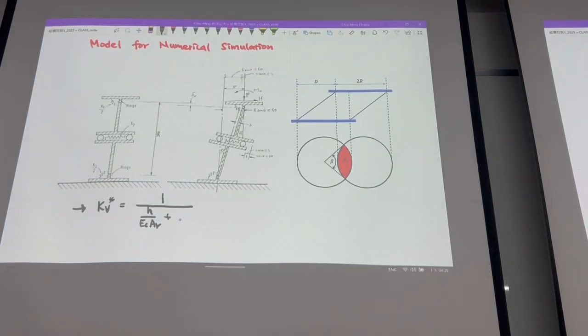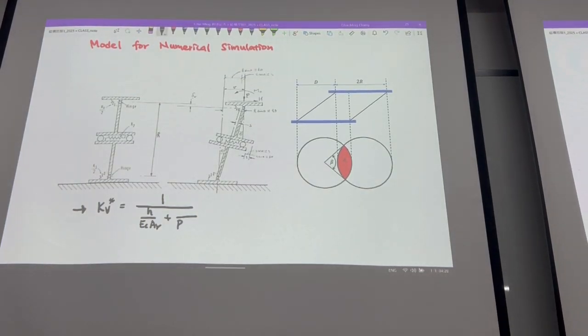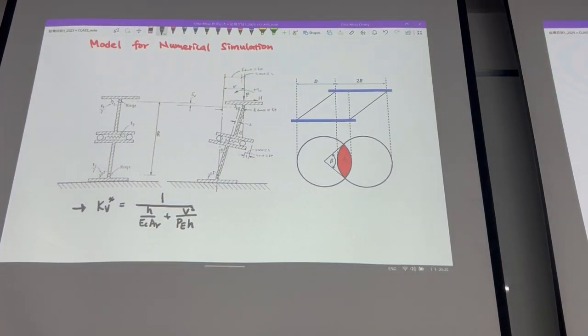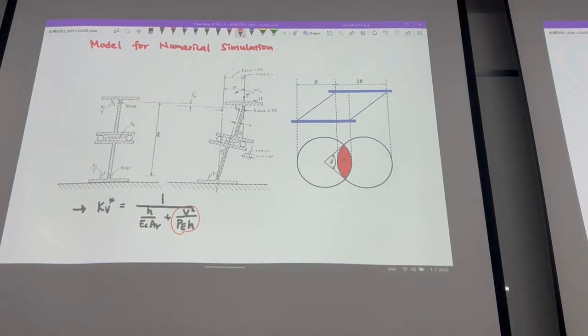And also due to your shear force. And typically this term, the elastic bending curve, this term is quite small. So it's not a significant effect.